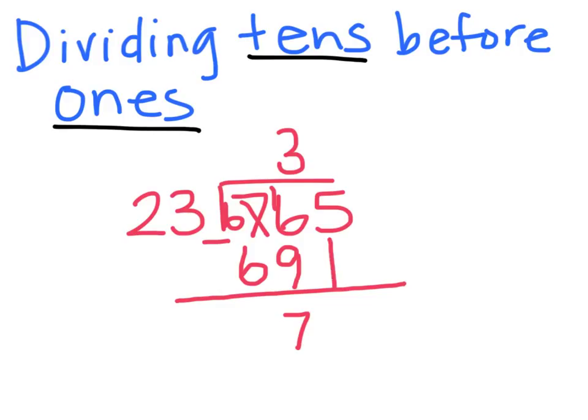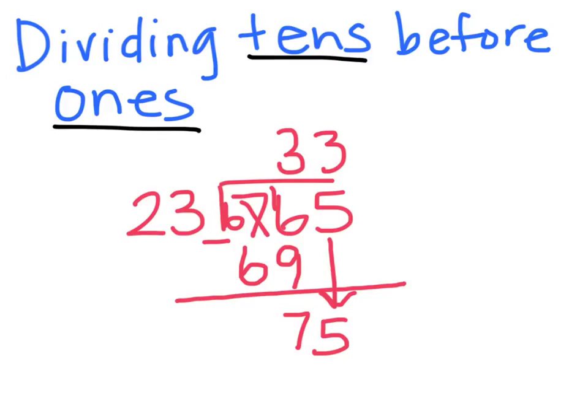Now we're going to bring down this 5 from the ones column and decide how many times 23 will fit into 75. Because 3 fit pretty nicely into 76 for us, it's probably a great place to start with 75 as well, correct? So let's try 3 times 23 and solve for our remainder.